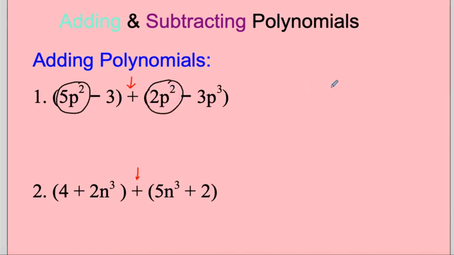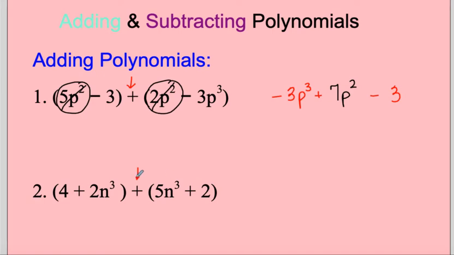That's going to give me 7p squared. Now, -3 and -3p cubed don't have a like term. But with polynomials, we always like to write them in standard form, which means in descending order by exponent. So I'm going to put that -3p cubed first, and then the constant last, okay? Because 3 doesn't have a variable, we call it a constant term.